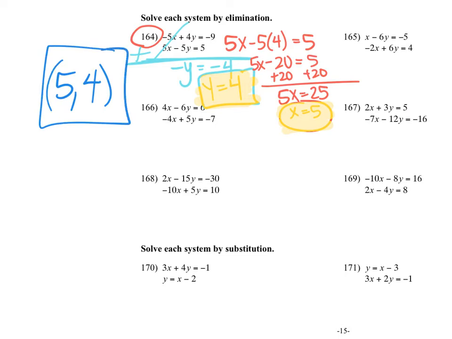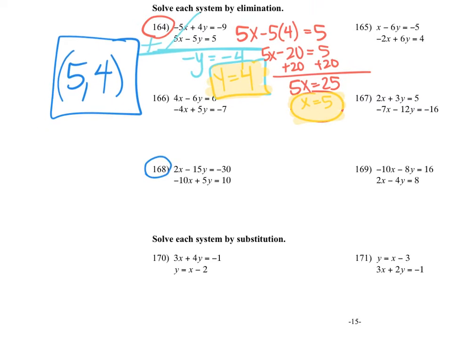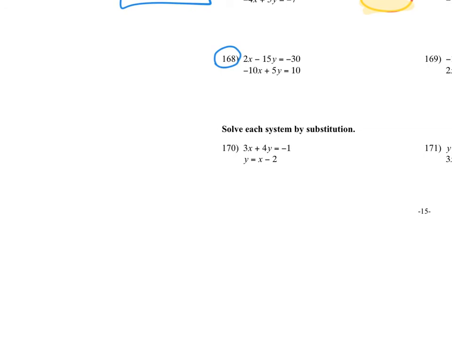Now, you won't have the same integer in front of one of the variables all the time. So let's take a look at 168. So 168, I noticed that the 2 and the 10, I could multiply my 2 by 5 and get positive 10, or I could multiply my 5y by a 3 to get a positive 15.